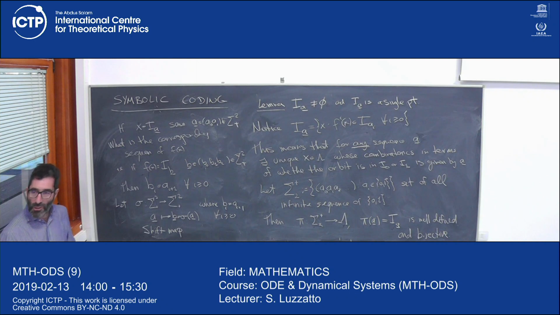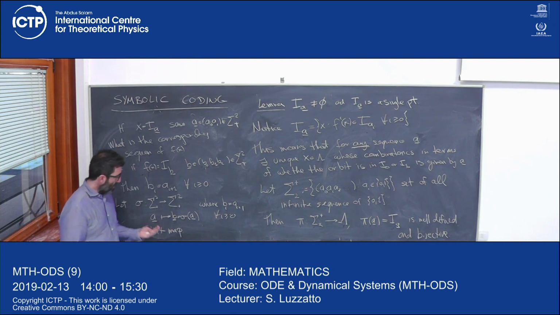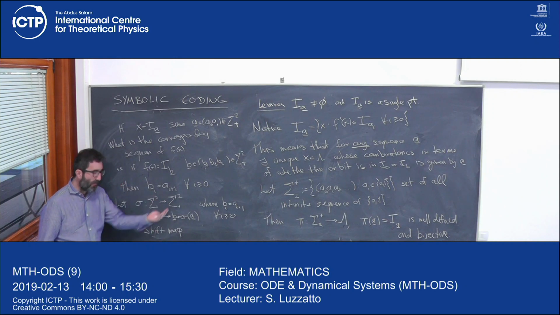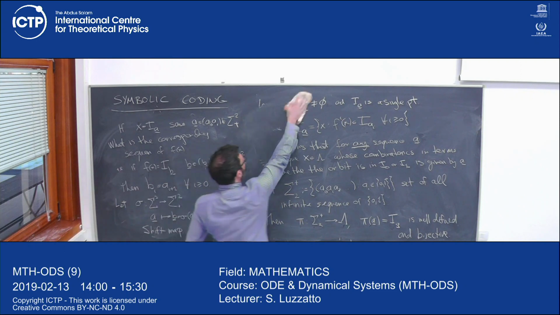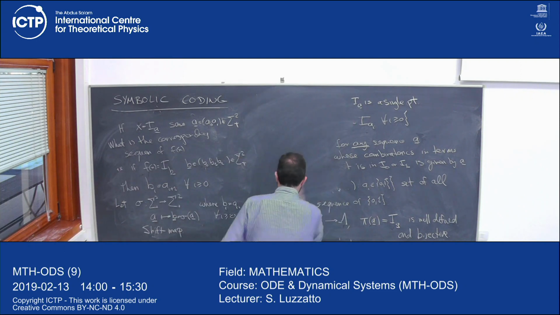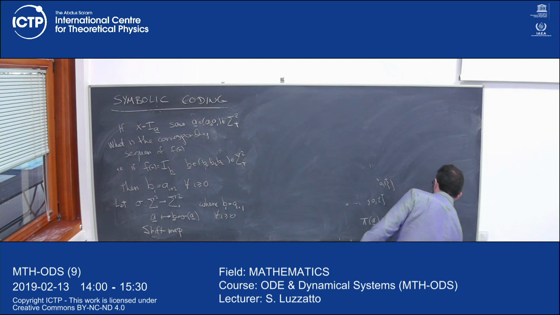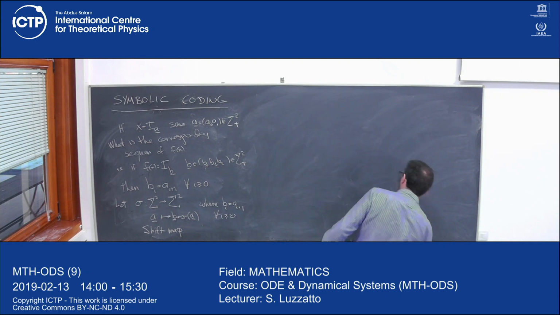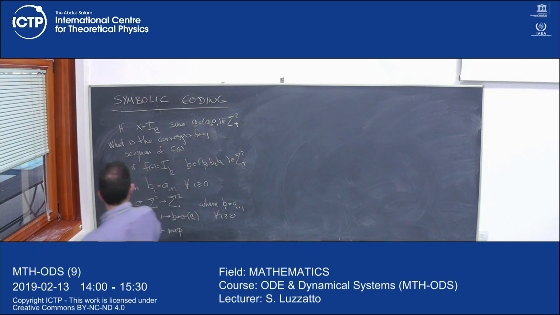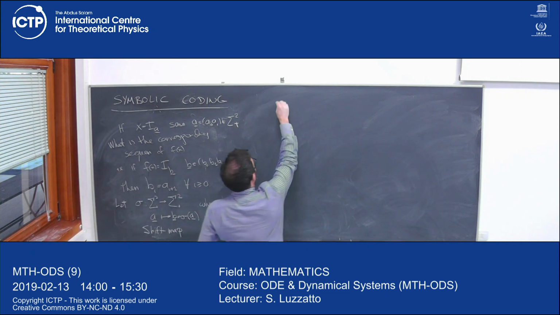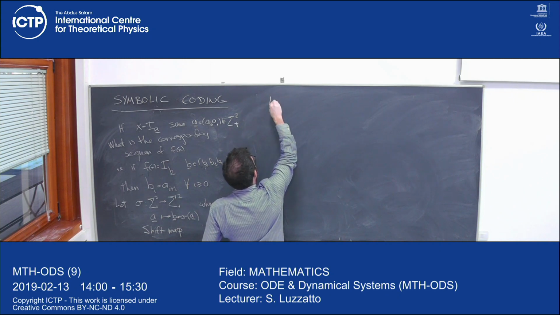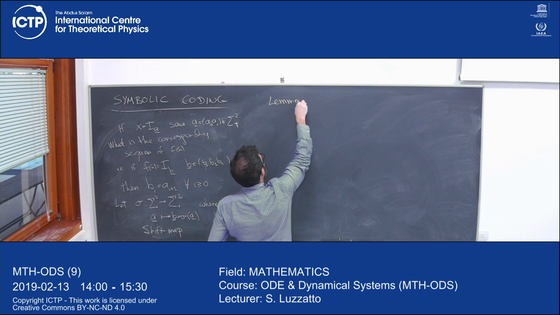Is this a conjugacy? So we now have the dynamics. This is a shift map. We have a dynamical system. And this is a lemma, but it's really simple.